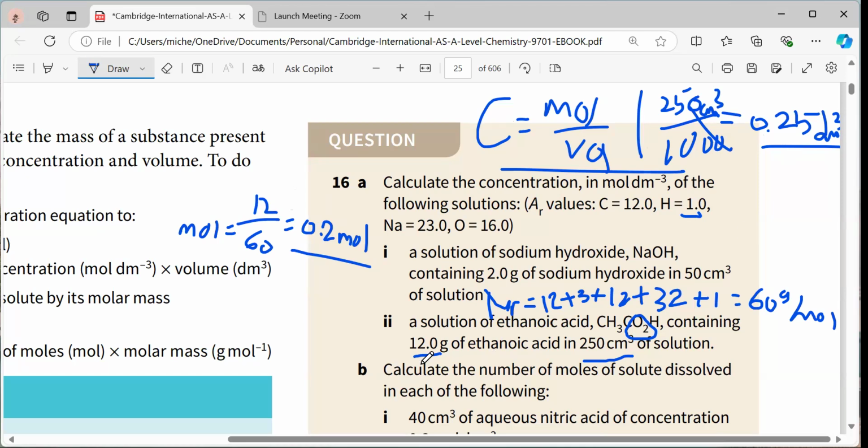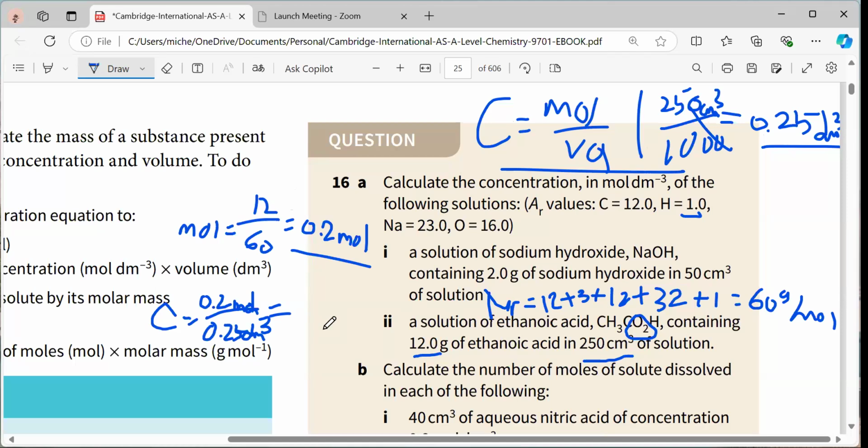So here we already have the volume. All we need to do is just calculate the concentration. So for the concentration right here, we have 0.2, and we're going to divide that by 0.25 decimeter cube.